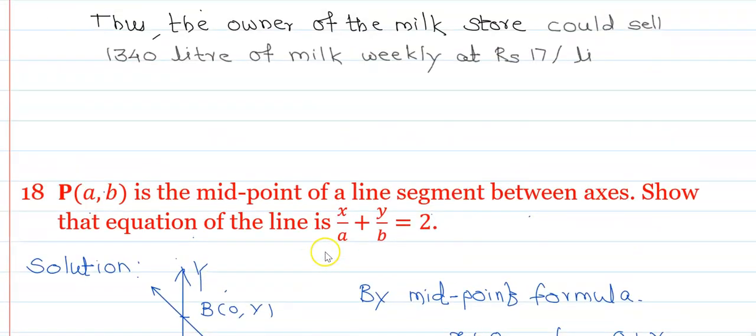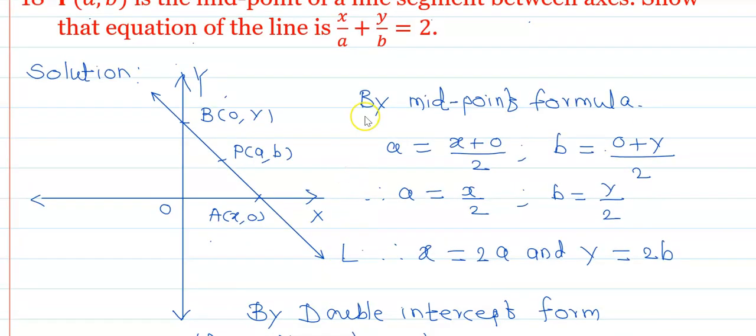You can see this. What we have done here: this is the line L. P is the midpoint of the segment AB. When the line L touches the x-axis, it has coordinate (x, 0) and B is (0, y). By the midpoint formula, a is equal to (x1 plus x2) upon 2. x1 is x, x2 is 0, upon 2. b is equal to (y1 plus y2) upon 2, so b is equal to y upon 2.